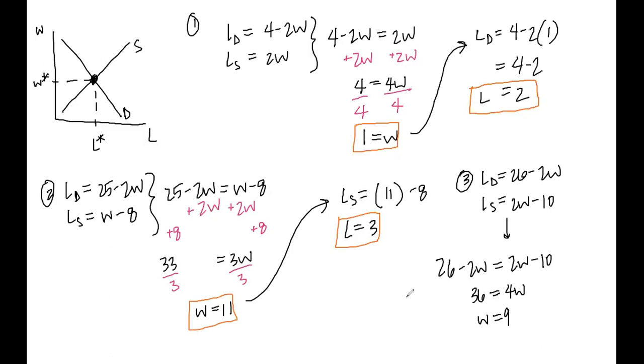Then plugging back in to either equation, I'll use the second equation. So labor equals 2 times 9 that we just solved for, minus 10. 2 times 9 is 18, so 18 minus 10 is 8.